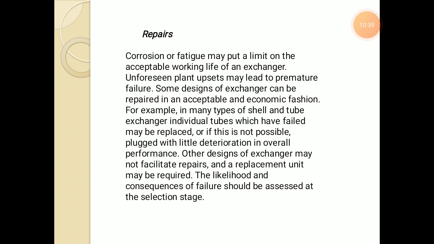The likelihood and consequences of failure should be assessed at the selection stage. In case of failure of any component of the heat exchanger, it should be repaired quickly and with ease. Otherwise, if the failure of one component means a complete shutdown of the plant, it will not be economical, right? It may take a long time and may cause many problems in the power plant.